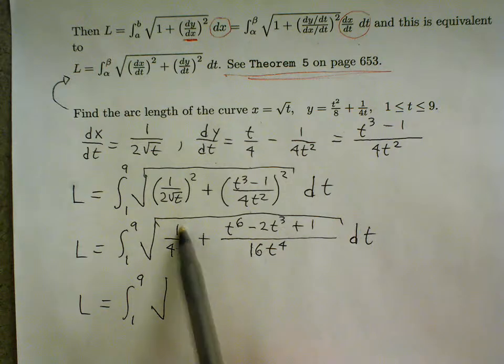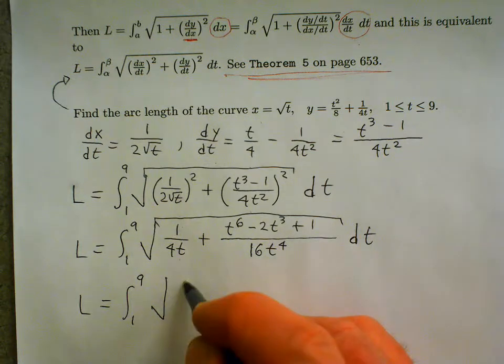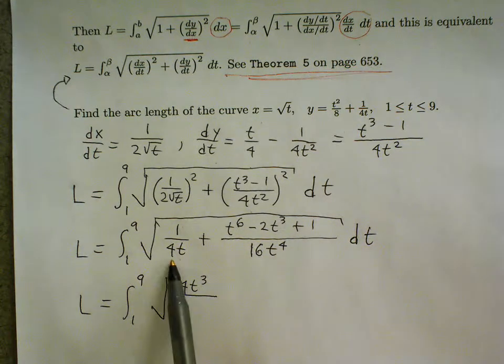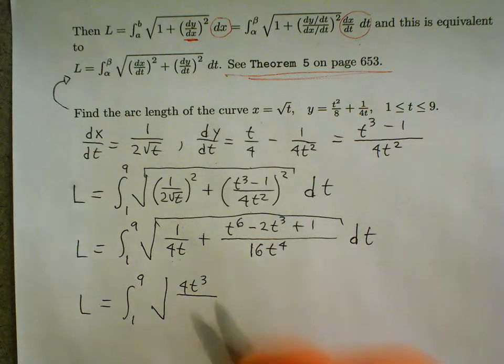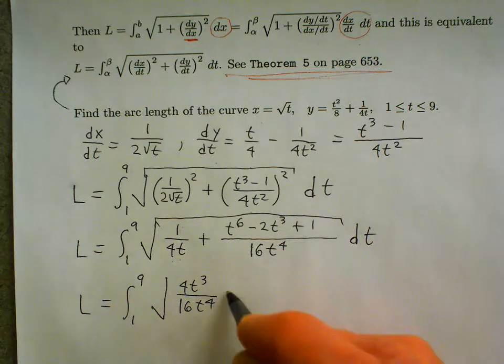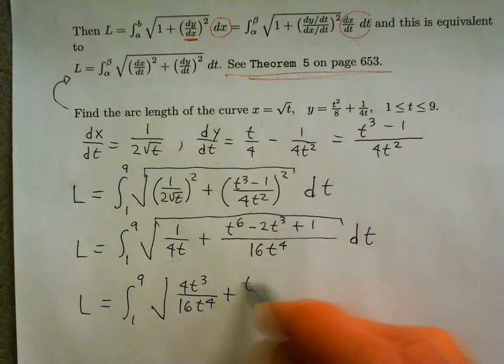Multiply the numerator 1 by 4t cubed, and multiply the denominator 4t by 4t cubed, we get 16t to the fourth. And then we'll add that to the other rational expression.